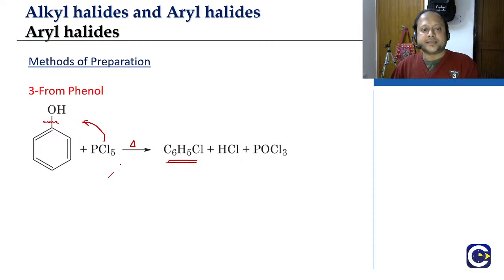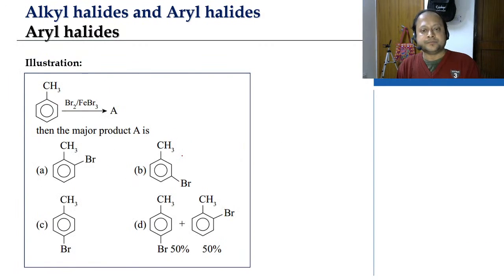So this reaction is also important to obtain your chlorobenzene. PBr3 is highly unstable, so we cannot have bromobenzene like this. So this reaction is better for the chloro component only.